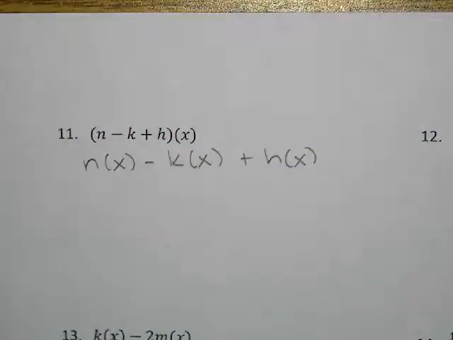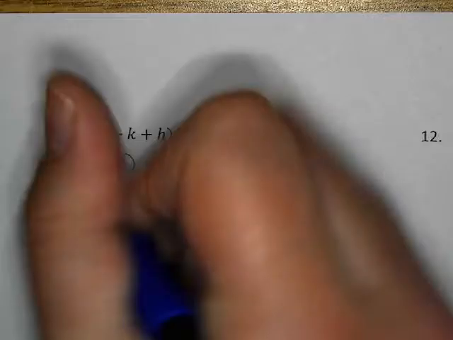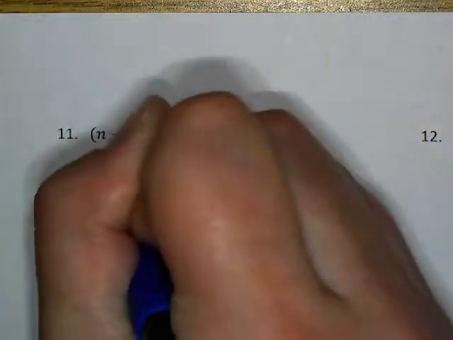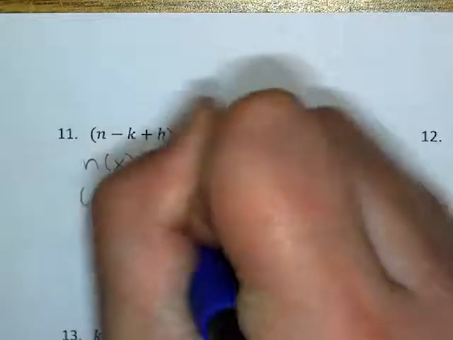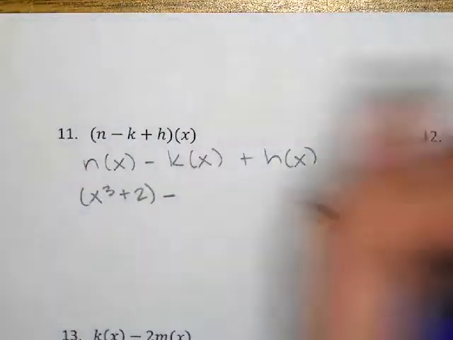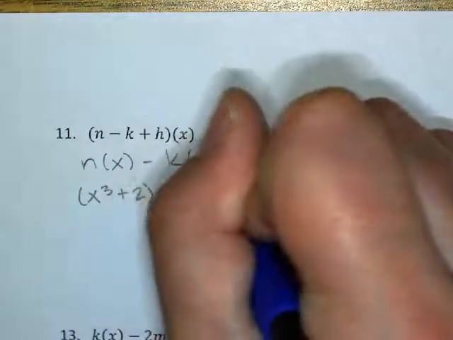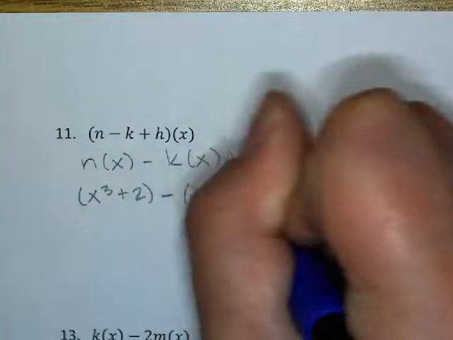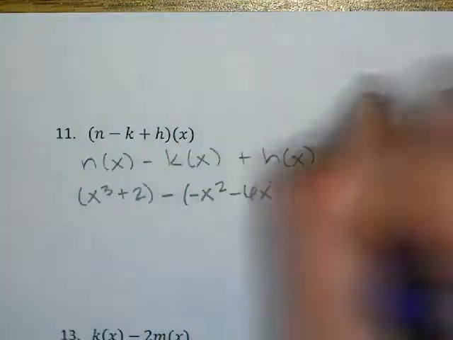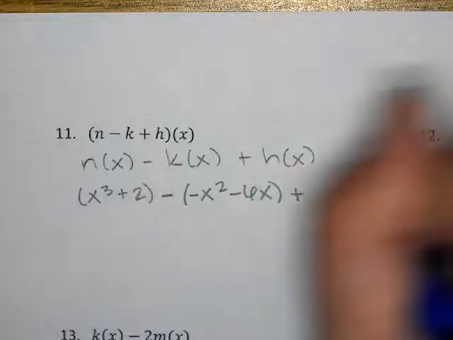K of x is negative x squared minus 6x. H of x is 3x minus 1. Okay. So we had 1 minus the next one plus the next one.